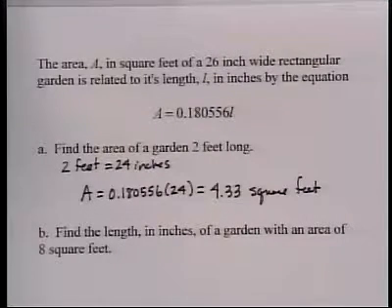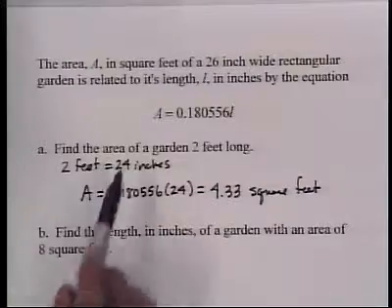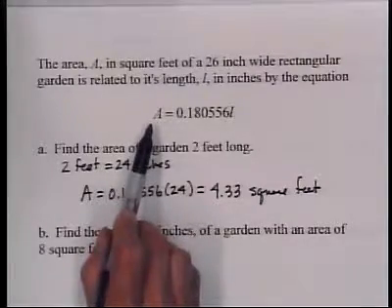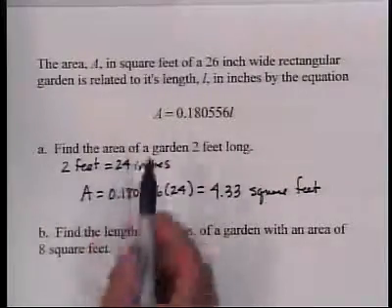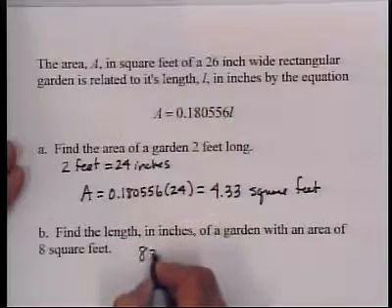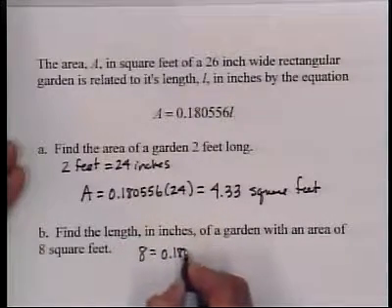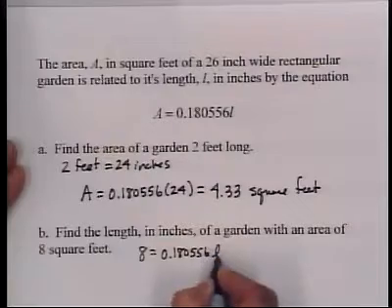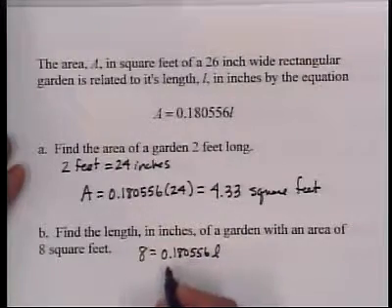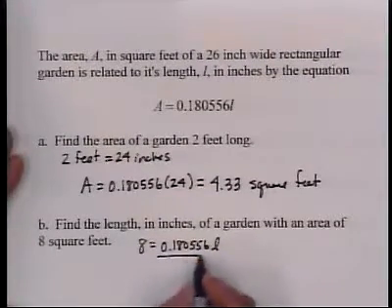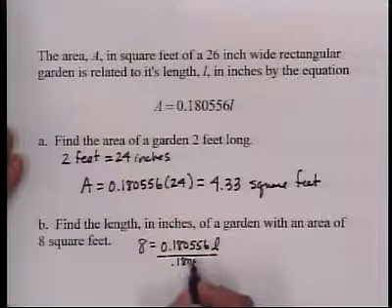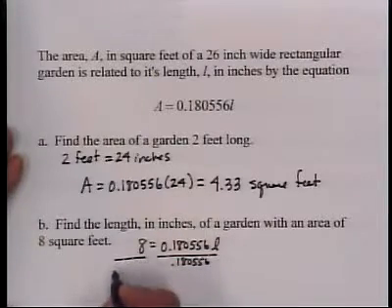Well, question B here says we want to find the length in inches of a garden with an area of 8 square feet. Well, the A in the formula is square feet, so we can immediately put 8 for A, and we solve for L by dividing by 0.180556 each side.